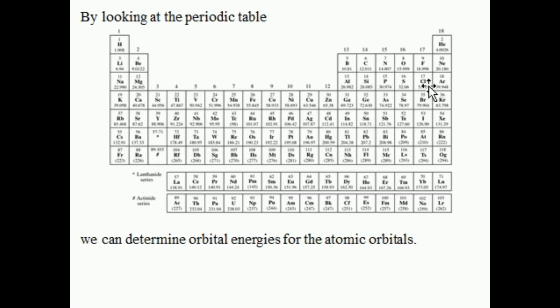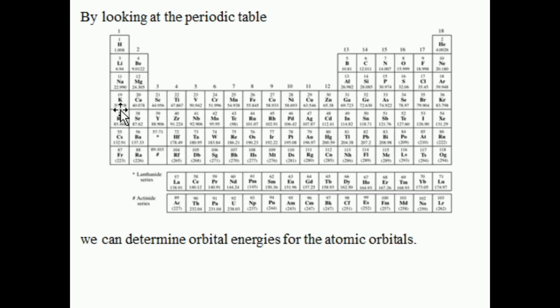The columns on the right are for electrons being put into p orbitals, again with the exception of helium. And in the center are electrons being put into d orbitals, but these d orbitals have a principal quantum number that is actually one less than the row.